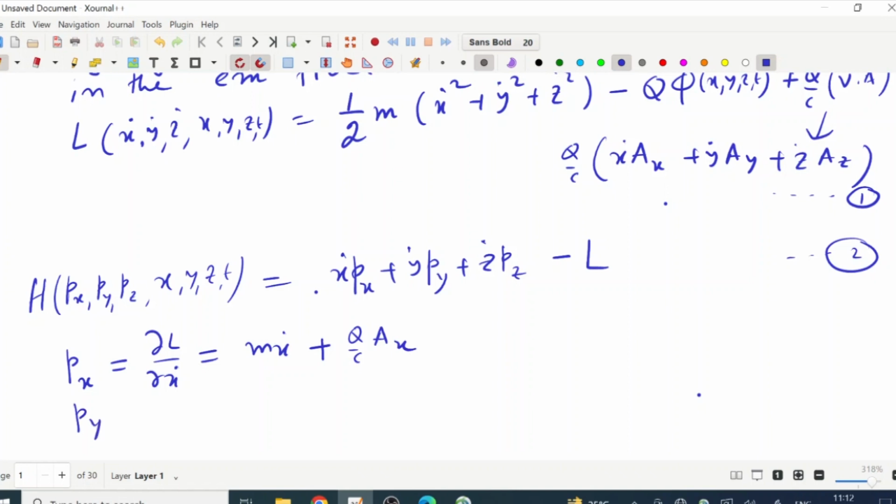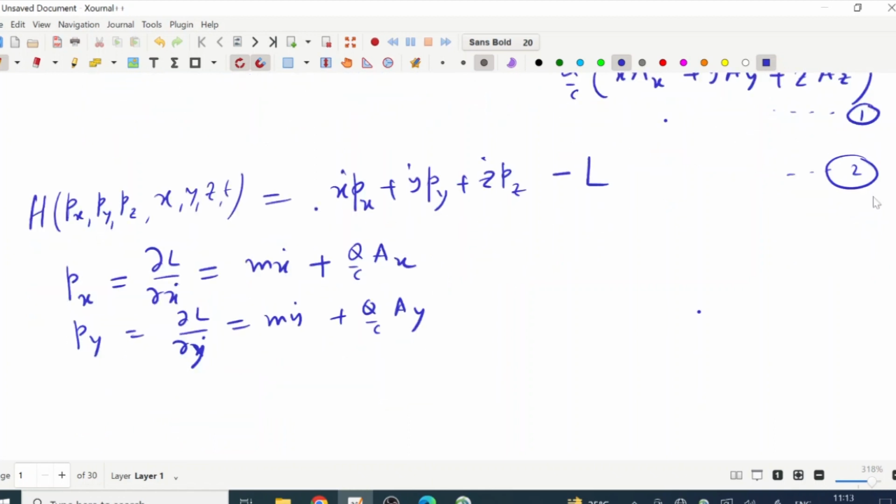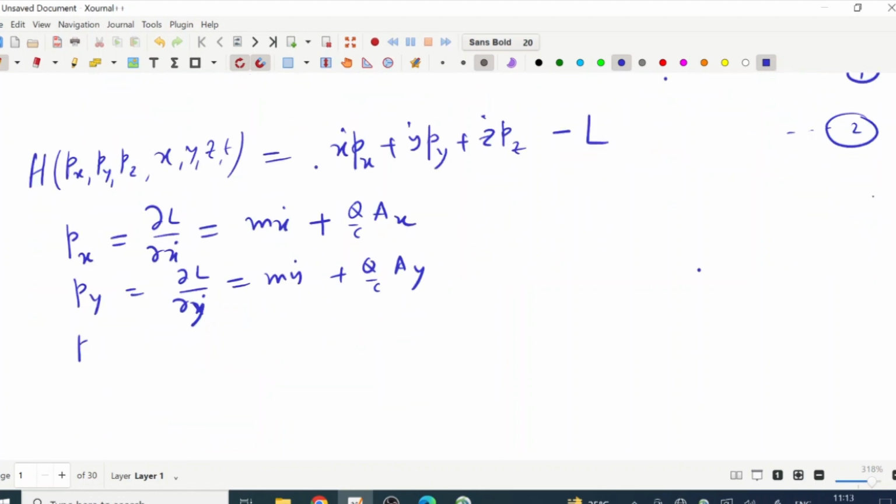Similarly, py will be del L by del y dot, equal to m y dot plus q by c A y, and then we will have pz is del L by del z dot, equal to m z dot plus q by c A z. Let us write these as my equation 3.